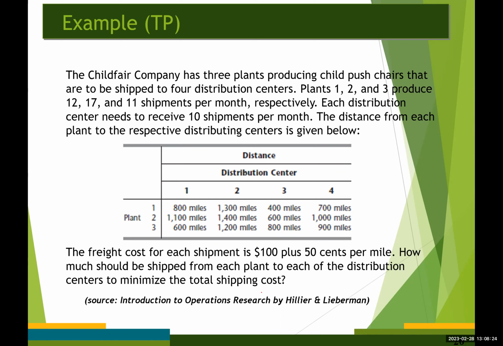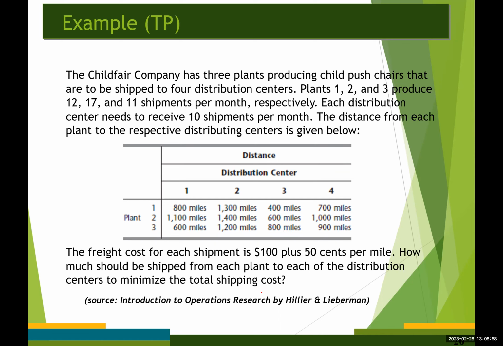In this example, the manufacturing company has 3 plants producing child push chairs that are to be shipped to 4 distribution centers. Plants number 1, 2, and 3 produce 12, 17, and 11 shipments per month, respectively. Each distribution center needs to receive 10 shipments per month.